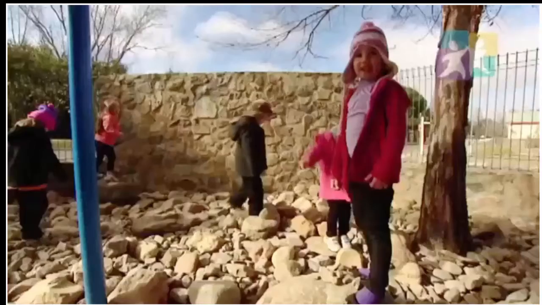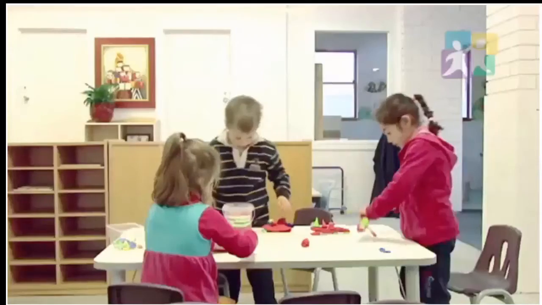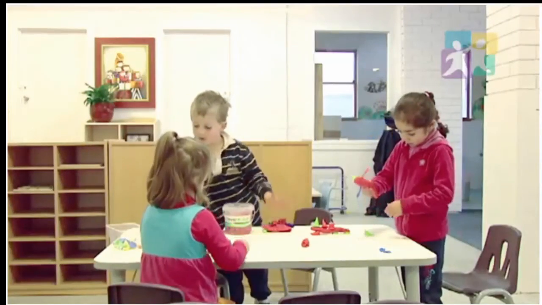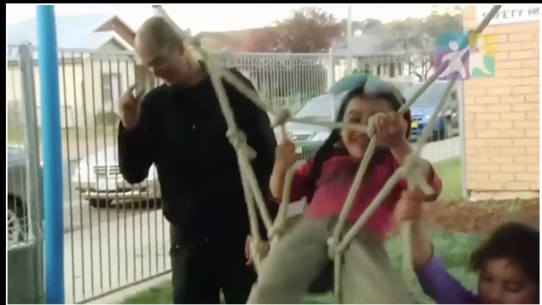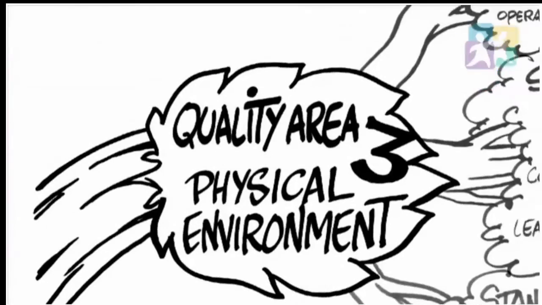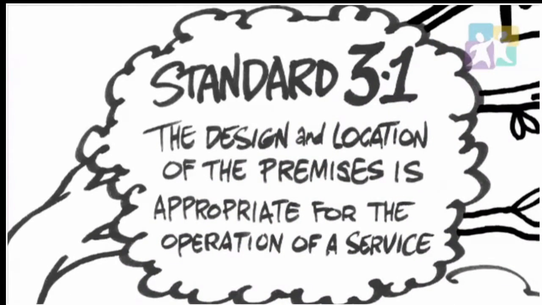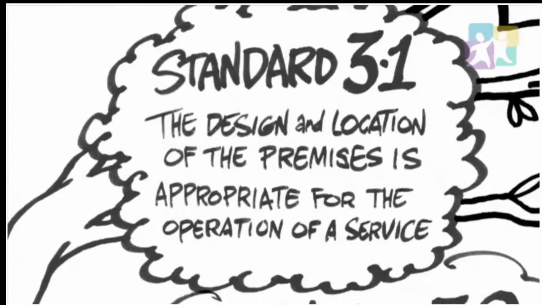Quality Area 3 in the National Quality Standard focuses on the physical environment. This quality area includes attention to both indoor and outdoor spaces and encourages educators to provide children with easy access to both. Quality Area 3 includes 3 standards. Standard 3.1 is that the design and location of the premises is appropriate for the operation of a service.